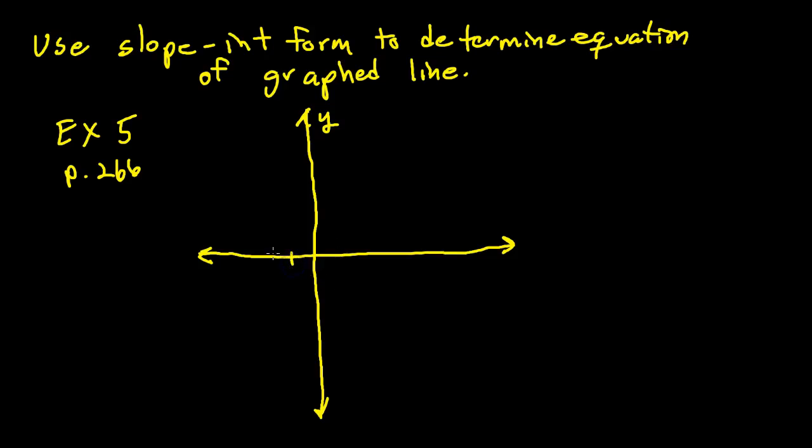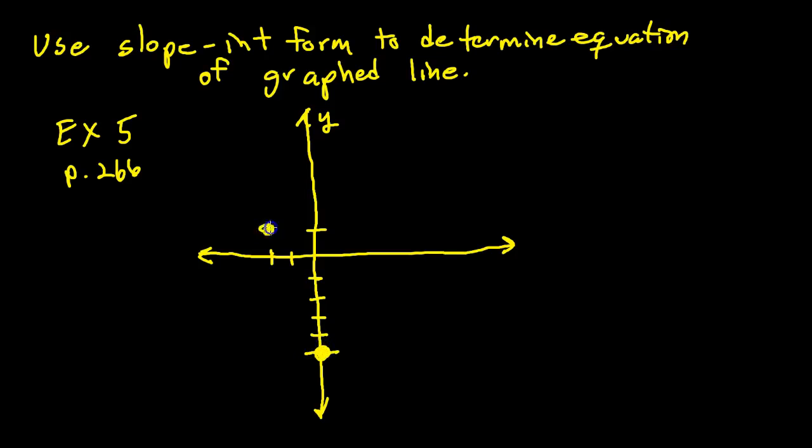And if you'll notice, there are two coordinates on that line that are labeled with dots. And I'll draw one of them and the other as well. And they are conveniently placed at grid intersections, and one of them is even at the y-intercept, so that should tell us something. 1, 2, 3, 4, 5.